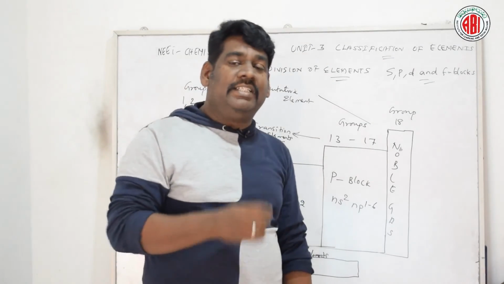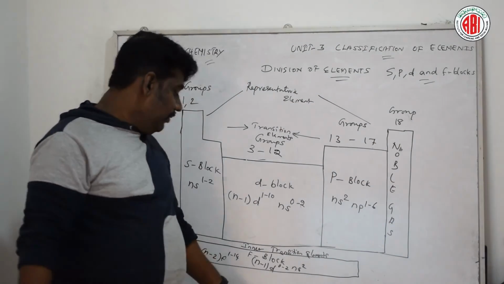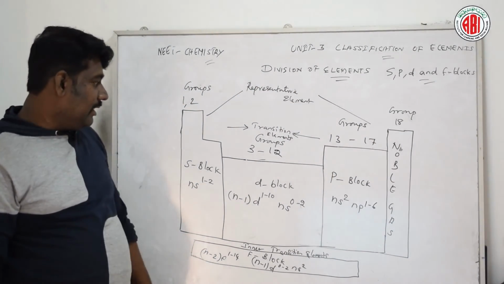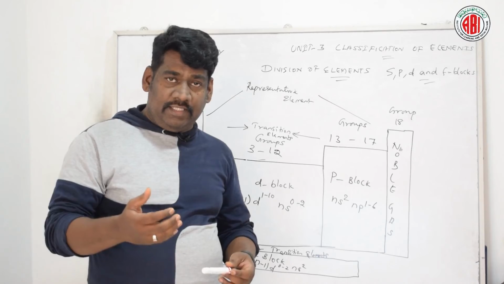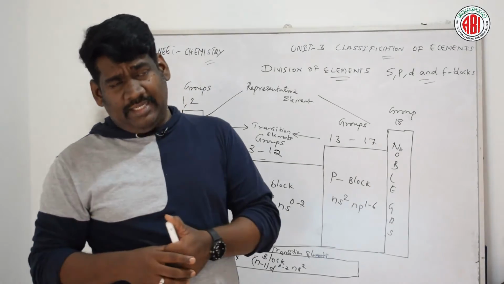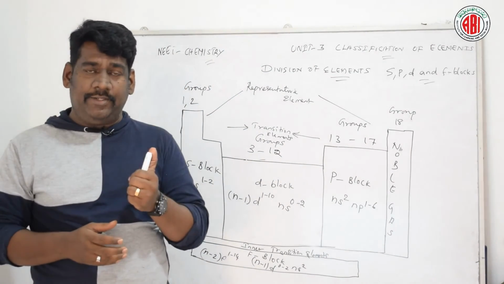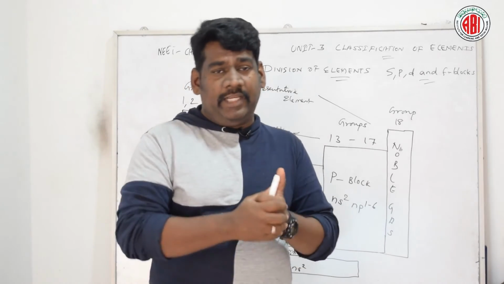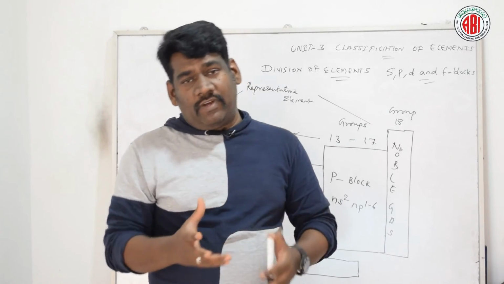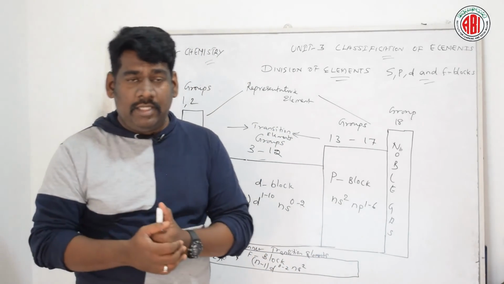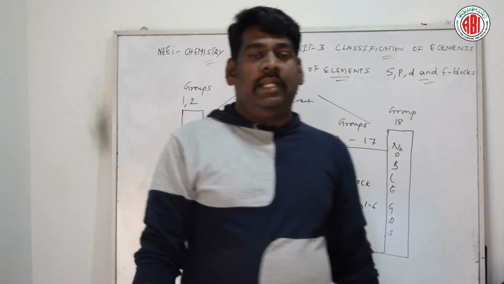Now, talking about the general characteristic features of these F block elements. They are also called inner transition elements, and their general characteristic features are that they are heavy metals, they have generally high melting and boiling points, they exhibit variable oxidation states, they form different colored ions, and they have a tendency to form complex compounds, not simple compounds.